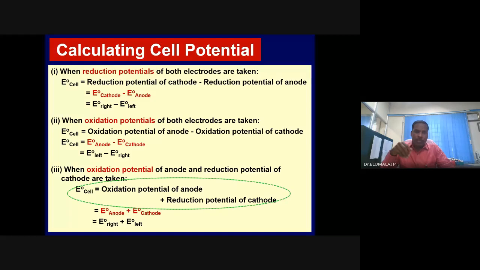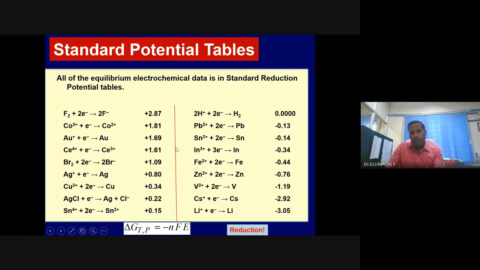So there are three modes of getting the cell voltage. I suggest you remember at least one of these modes. The first mode: you subtract the reduction potential of the anode from that of the cathode, if you are considering the reduction potentials of both electrodes.